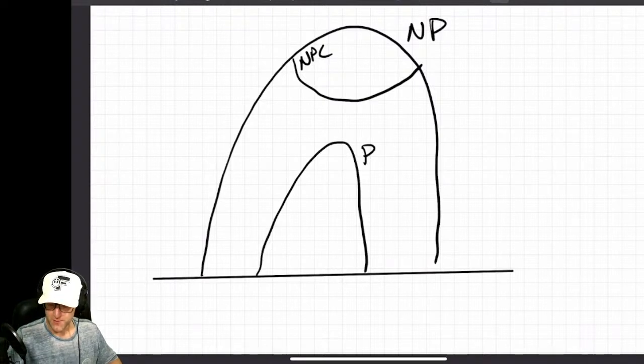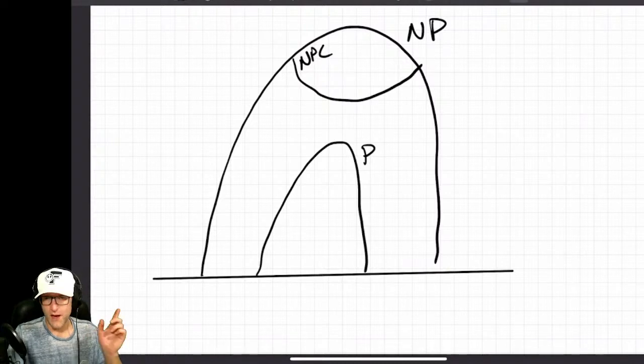But basically it's a diagonalization argument. Under the assumption that P is not equal to NP, you can diagonalize away and say every other string or whatever will be in the same class as an NP complete problem, but every other string will be in P or something like that. It goes beyond this course here.